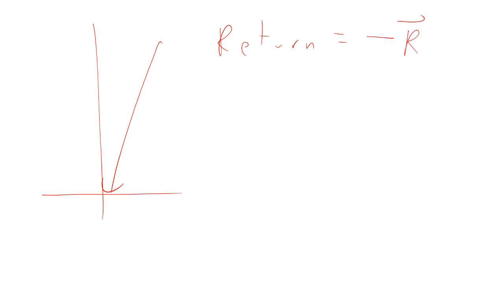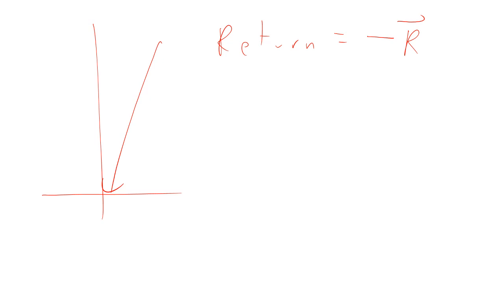So the dog wants to do that. So it's going to be exactly opposite. So the return vector is going to be equal to opposite the resultant vector. For the dog to go home, the resultant vector is from the origin, beginning to the end. I want to go from the end to the back.